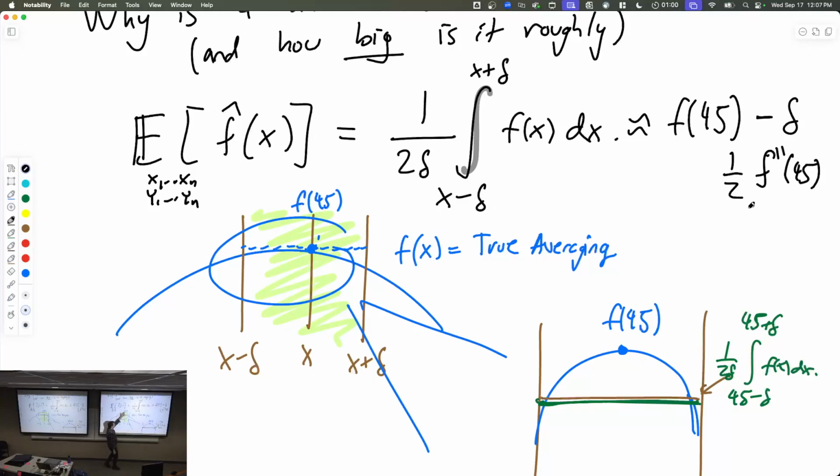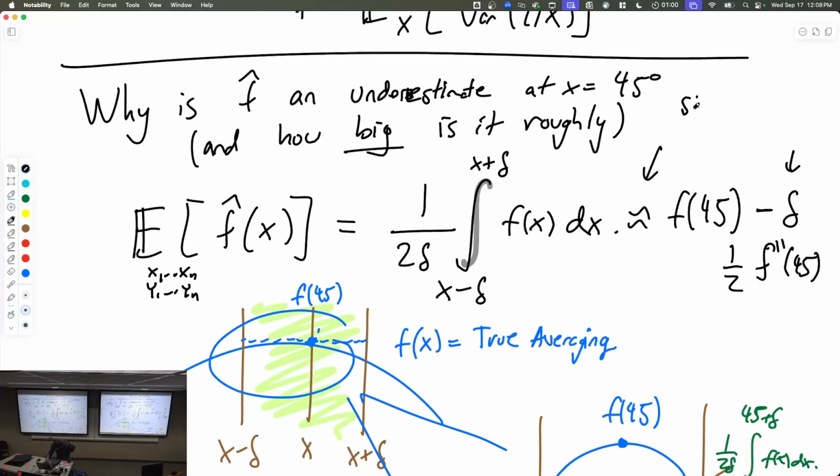We approximate the function f by a quadratic and say the average value is approximately that top value, minus something that depends on how concave down it is. If it's very concave down, it's a really bad underestimate. If it's kind of flat, then it doesn't matter so much. I'm going to skip the details here because they're not super important for us, but this is by Taylor series expansions.